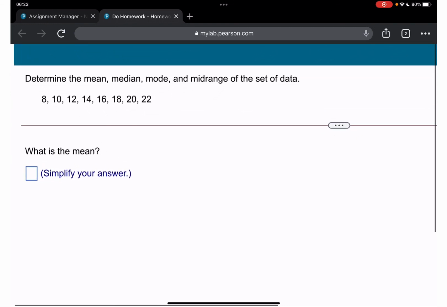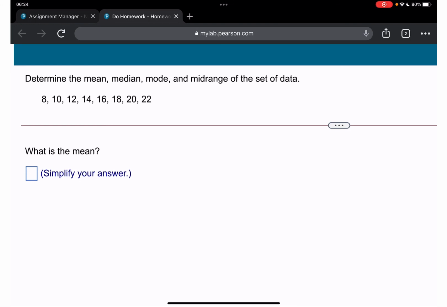So what is the mean? It's the same thing: mean, median, and mode. So you can do it, right? It's the same thing repeating. For mean, we are going to add all the numbers: 8 plus 10 plus 12 plus 14 plus 16 plus 18 plus 20 and plus 22. 120.